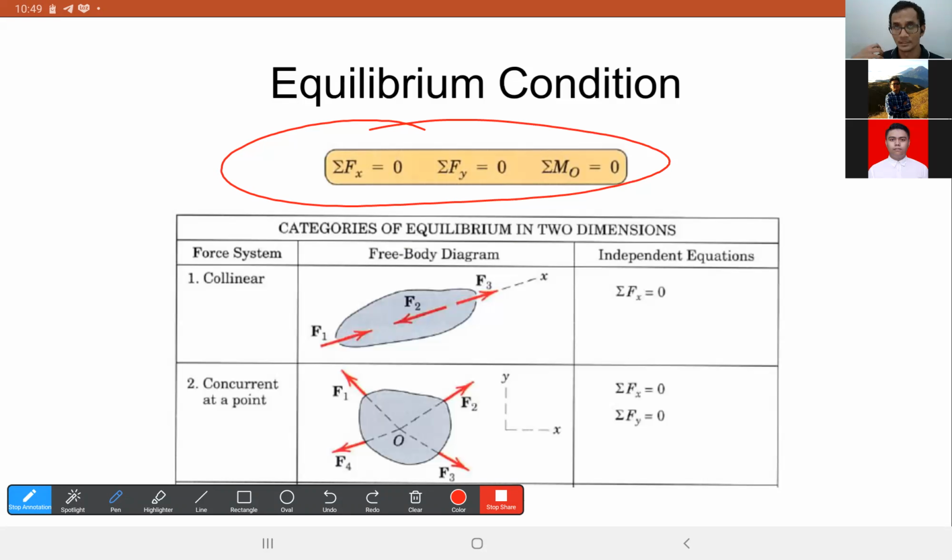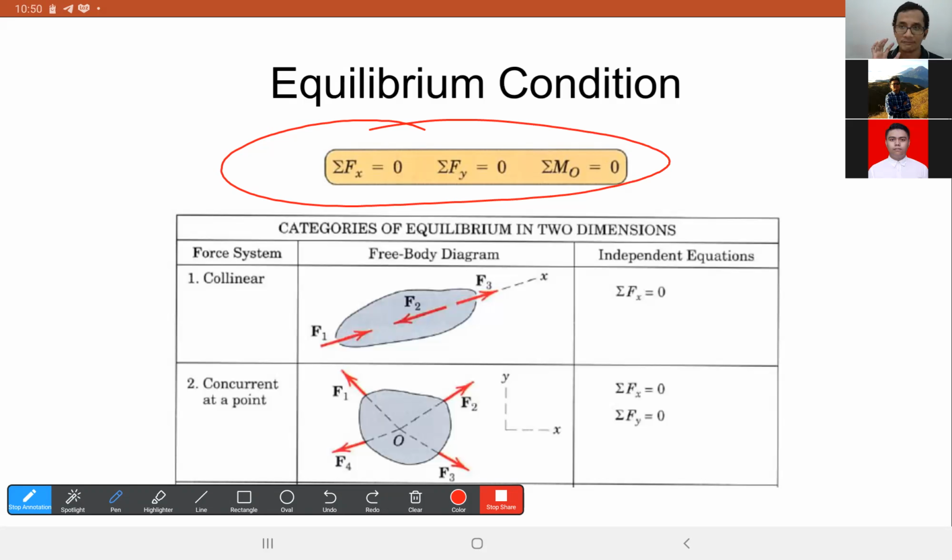But if you have another body which at the beginning is in a moving condition, it will move with a constant velocity.